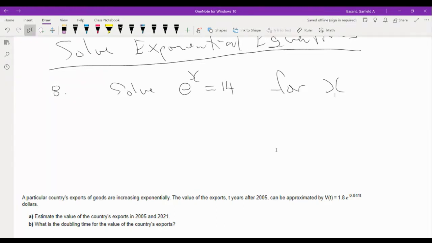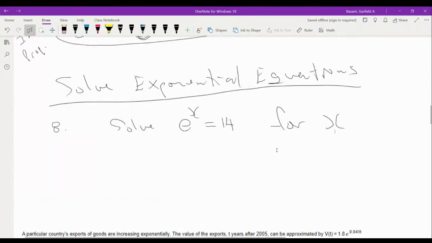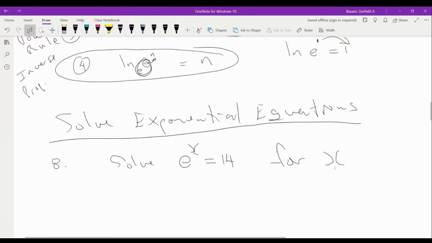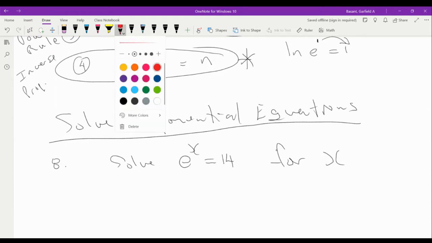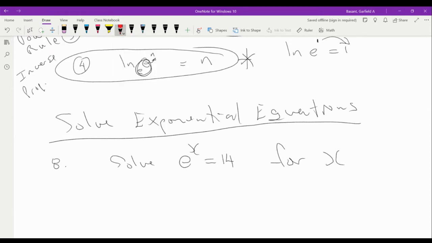Anyone? We're actually going to make use of the last property, the inverse property, here. And it's the same thing we did in that problem on the exponential equation. We're going to take the ln of both sides.